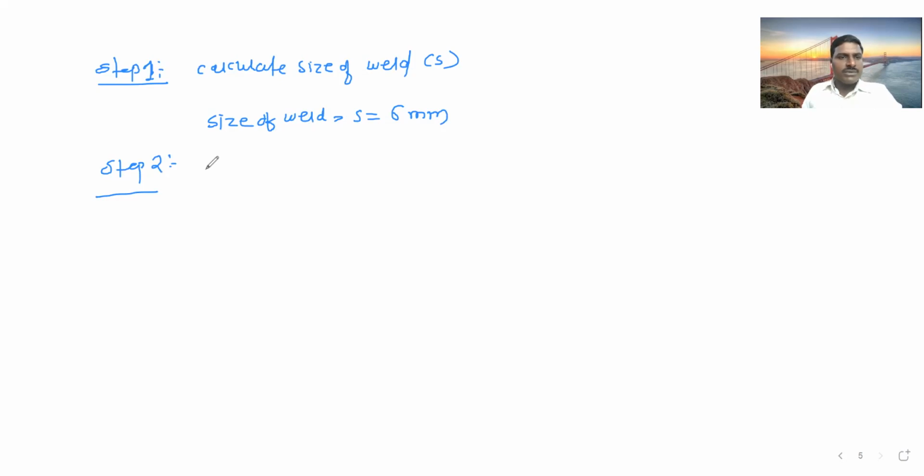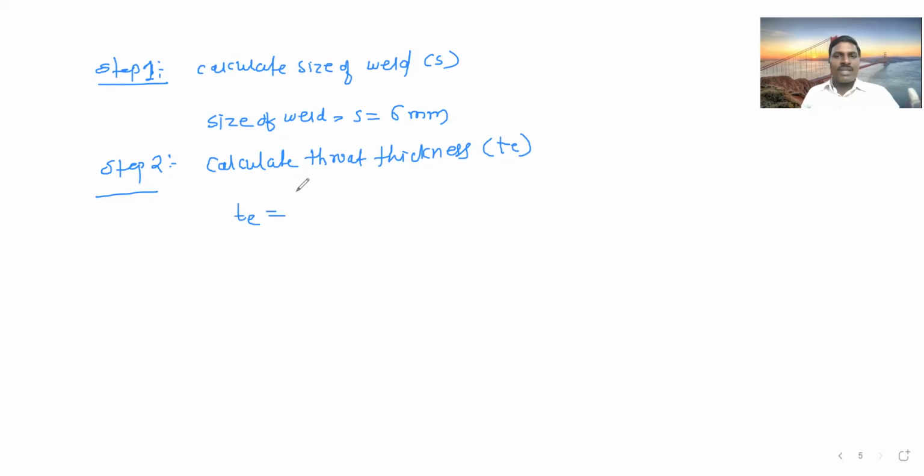Calculate throat thickness, that is capital T. How to calculate throat thickness?